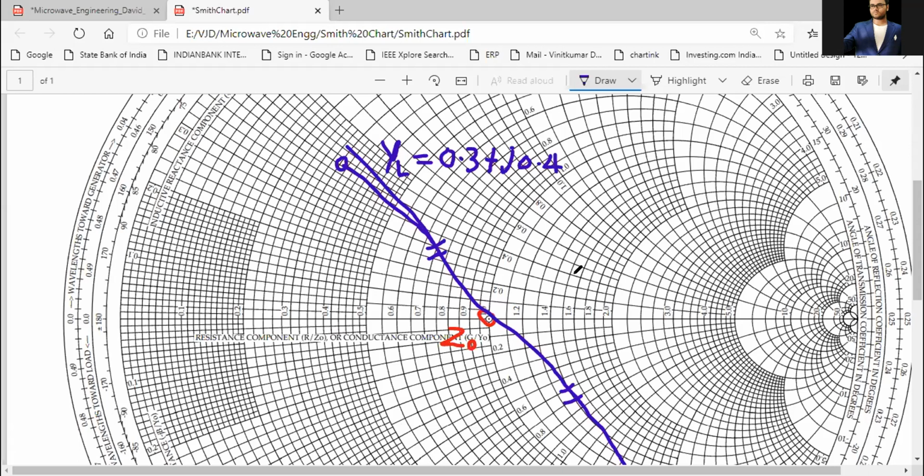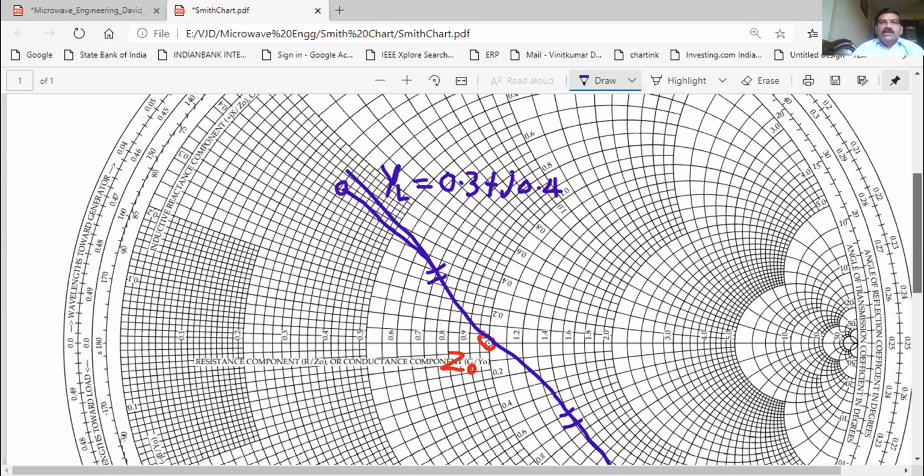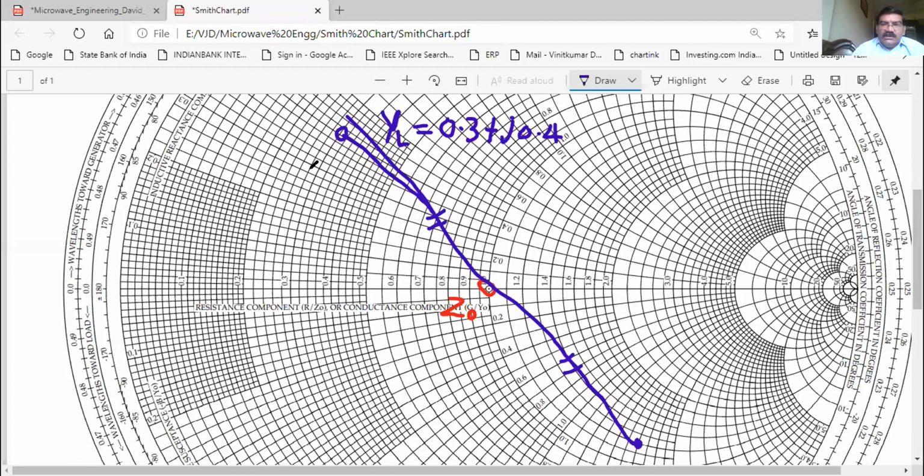Now I hope you people have done this much. If you have, then what we have to do is take a rounder and draw a circle. From the origin to this YL is the same distance, and from here it is the same distance.